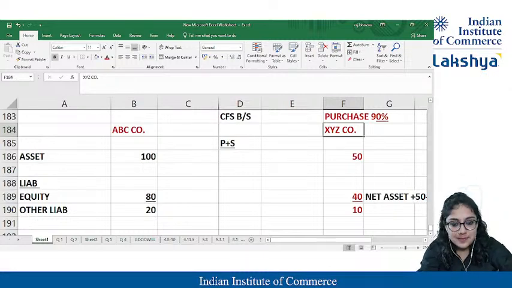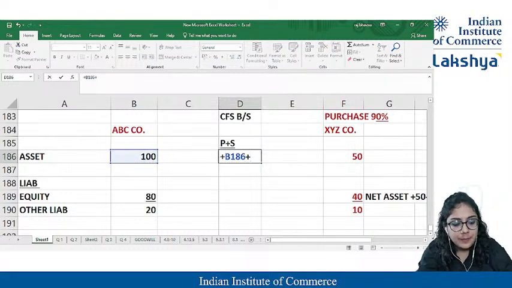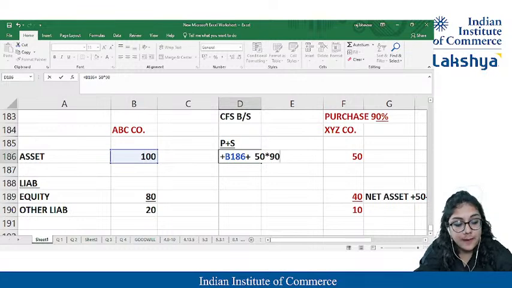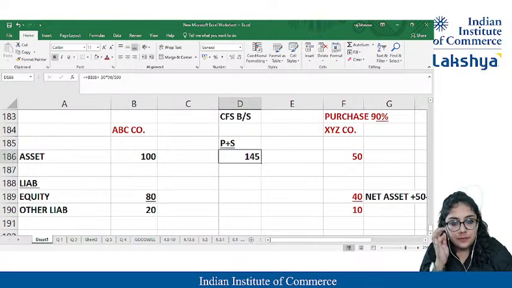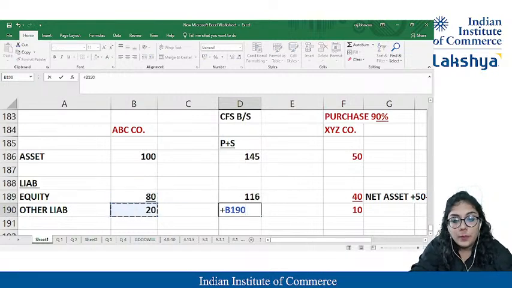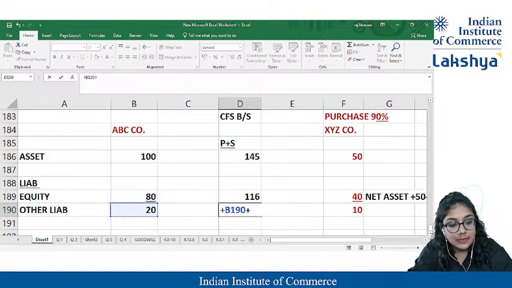Simple, P plus S: 100 plus 50 total assets into 90%. Similarly, equity 80 plus 40 into 90%, and liabilities 20 plus 10 into 90%.